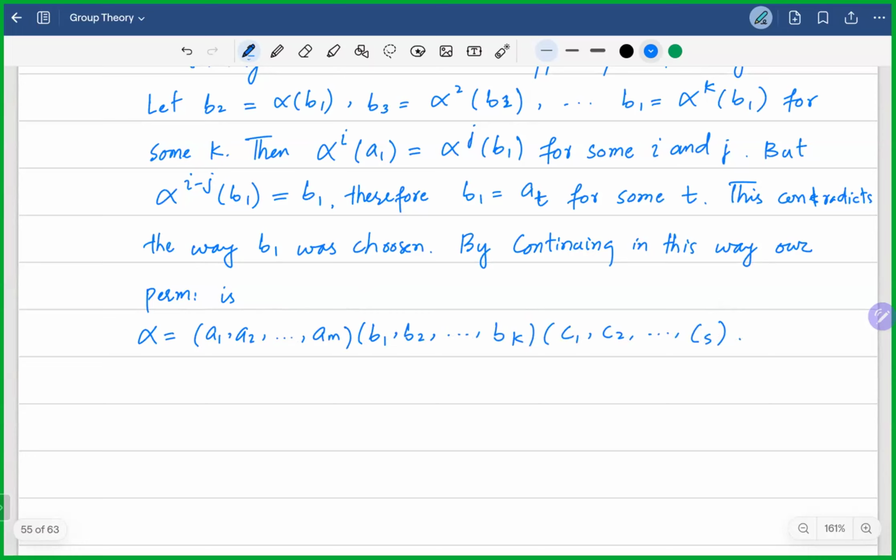In this way, we see that every permutation can be written as the product of disjoint cycles. That's the proof.